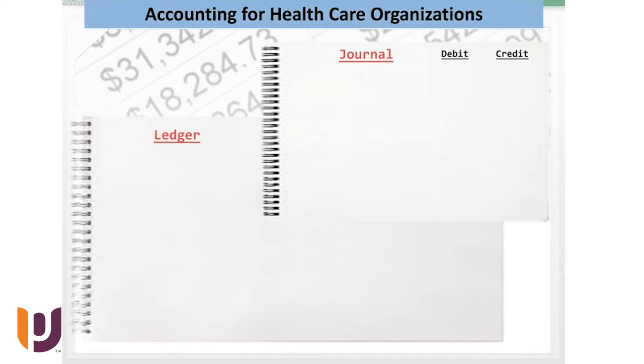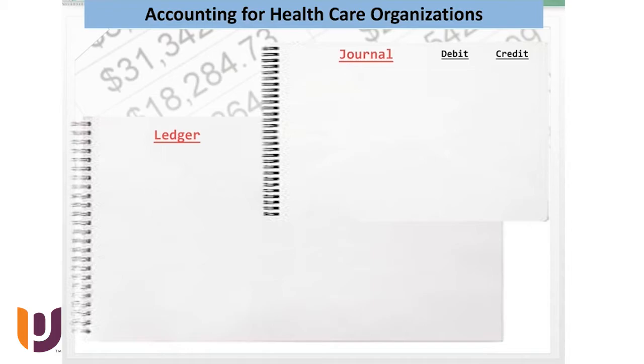Third-party payers, such as Medicare and insurance companies, have had a significant impact on the reporting process because of their need for usable financial information.